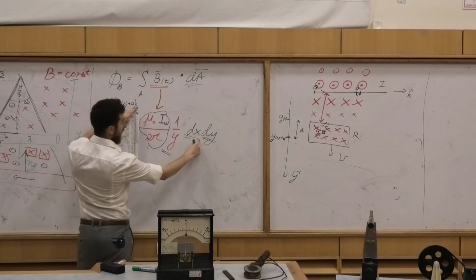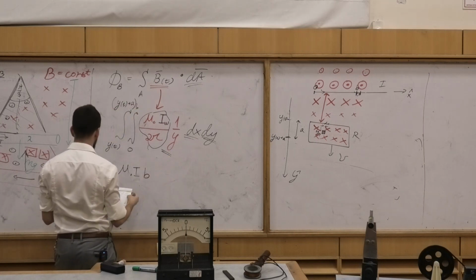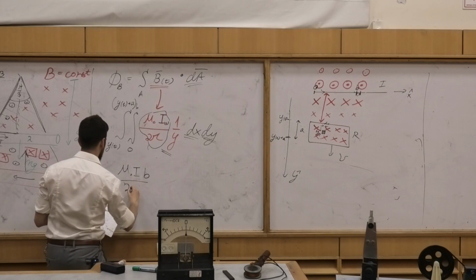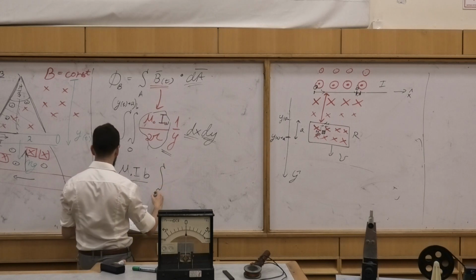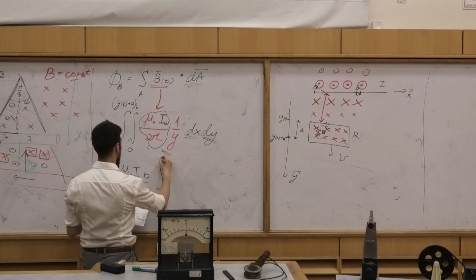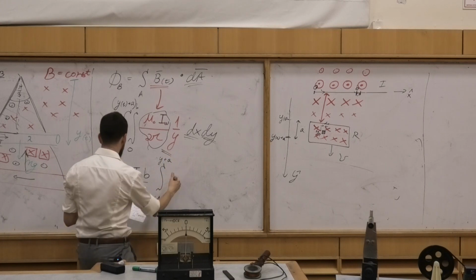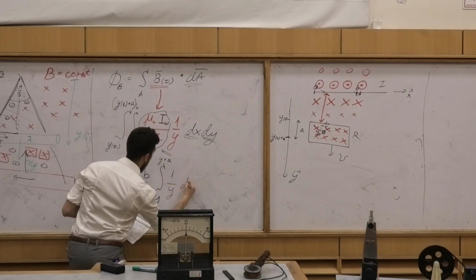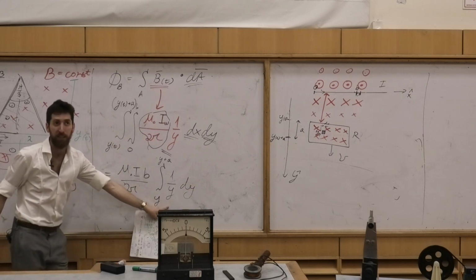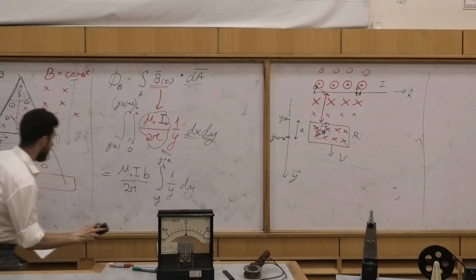The integral of x is really easy. It just gives us a constant, b divided by 2 pi. Here you have in the integral y, and here you have y plus a, and inside the integral you have only this. And if you remember, this is an integral of a logarithm, right?